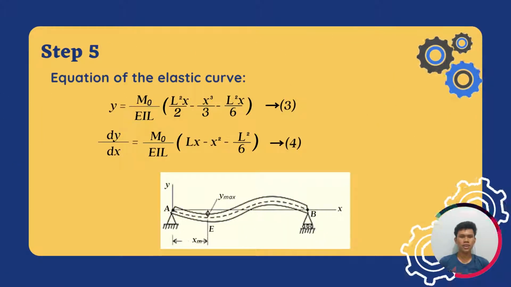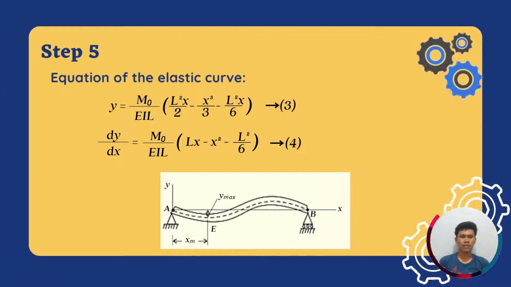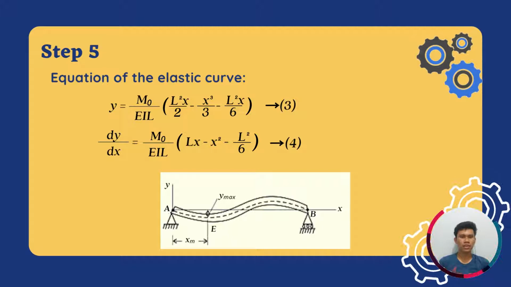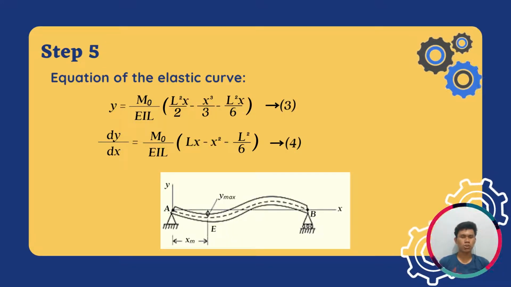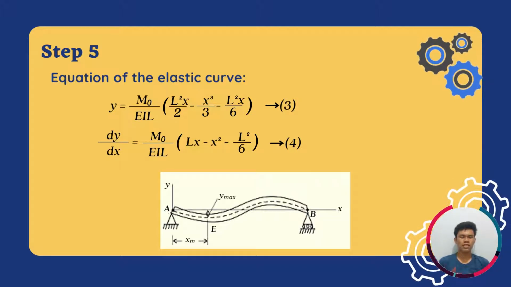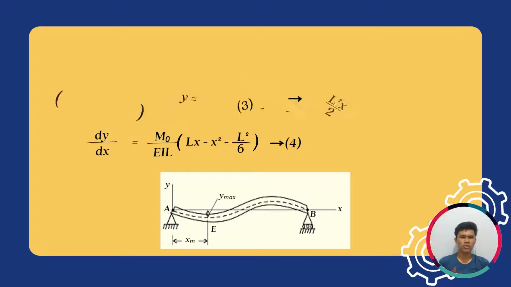So for the equation of the elastic curve, we have y is equal to M sub 0 over EIL multiplied by Lx squared over 2 minus x cubed over 3 minus L squared x over 6. This is our third equation. By differentiation, we have dy over dx, which is equal to M sub 0 over EIL multiplied by Lx minus x squared minus L squared over 6, which will be our fourth equation.